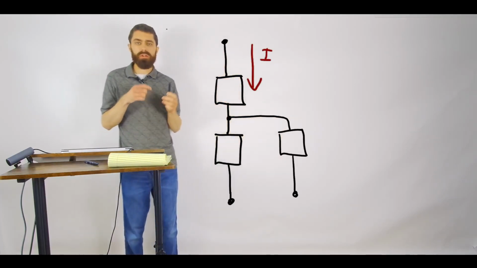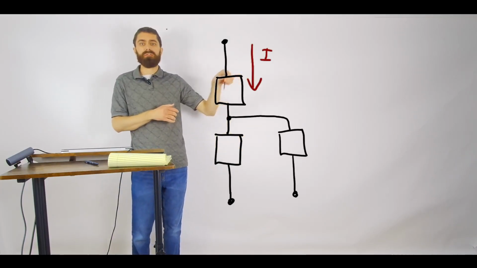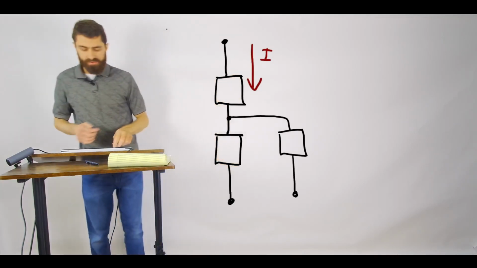So in order for it to be considered in series, the same current has to flow through one component and then the other one.